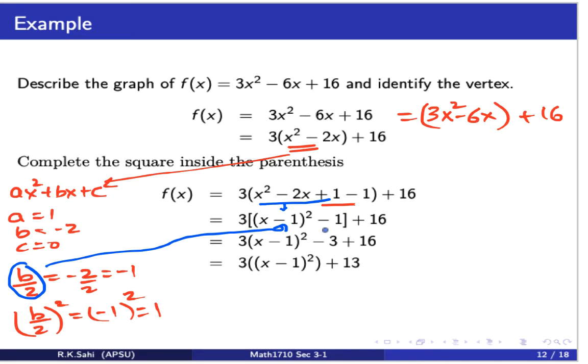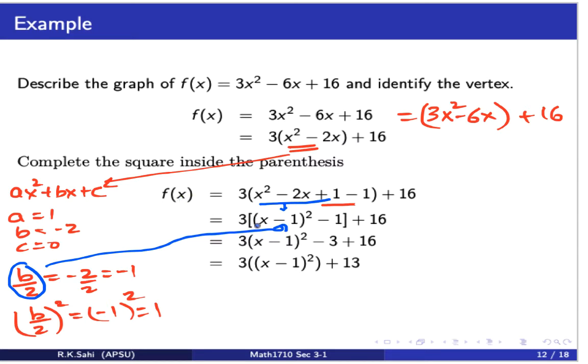What is going to be done next? We're going to take 3, and then we are going to distribute 3 inside this. So we'll have 3 times x minus 1 raised to the power 2, and then 3 times minus 1, minus 3, plus 16.